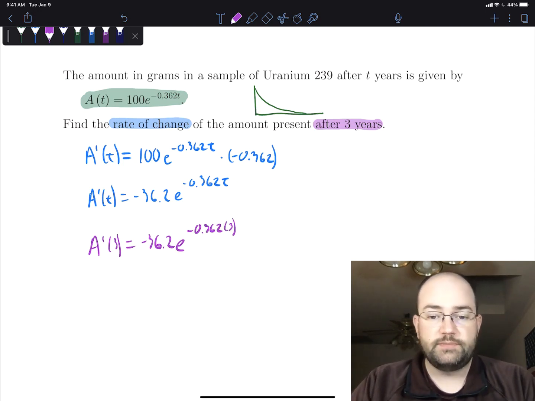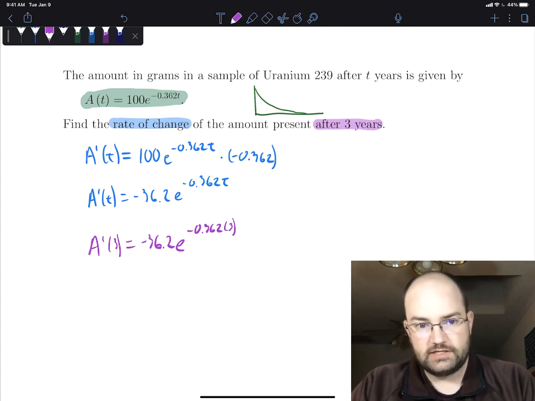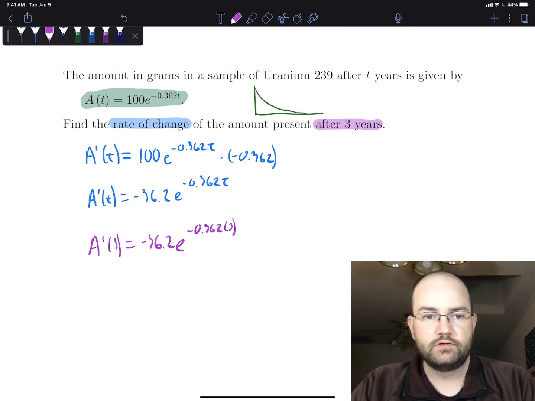And then just type it in. So go to your calculator and type in negative 36.2, and then the e is second ln, which is next to the 4, and then negative 0.362 times 3. And then just click enter.